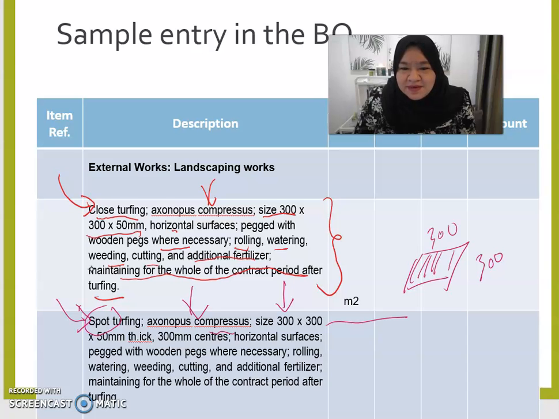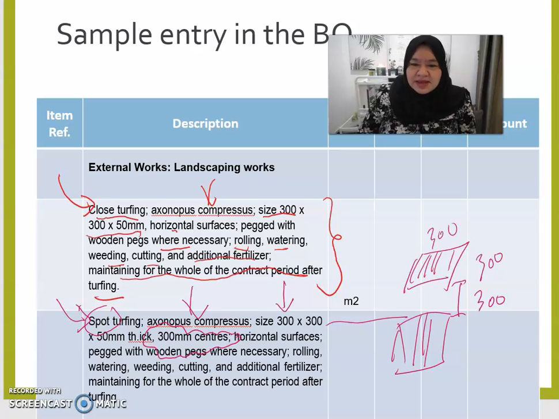Okay, and if you realize under spot turfing, there will be a centers because this turf will be placed at 300 centers. Horizontal surface and the rest are the same, and the unit is meter square.